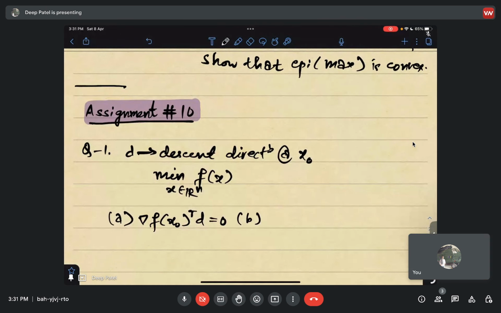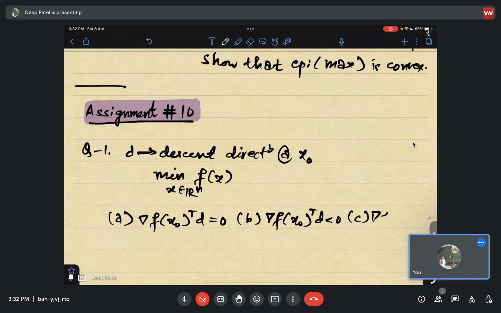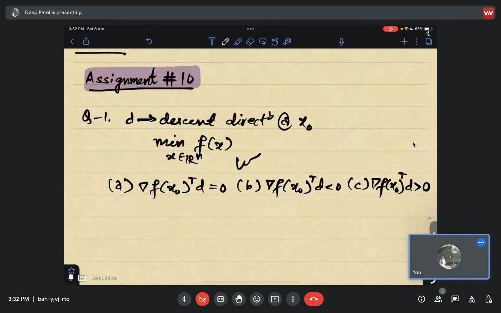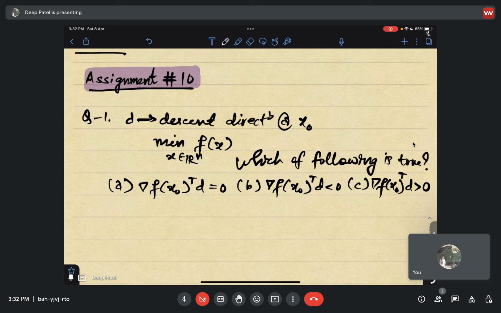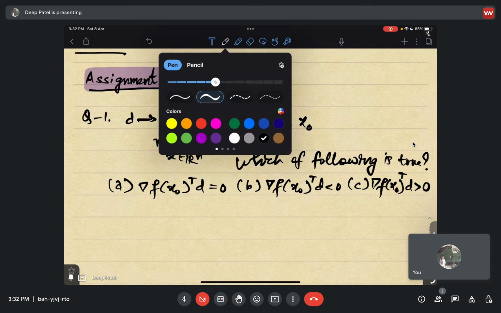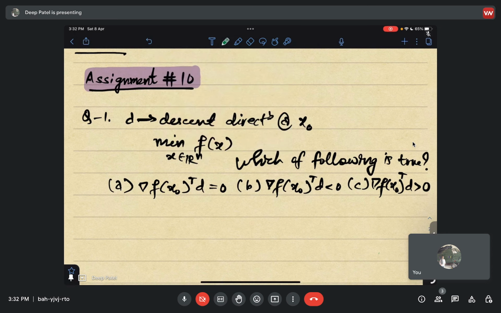Yes, this will be the second option. Why is that? Because the directional derivative should be less than 0 for it to be a descent direction.